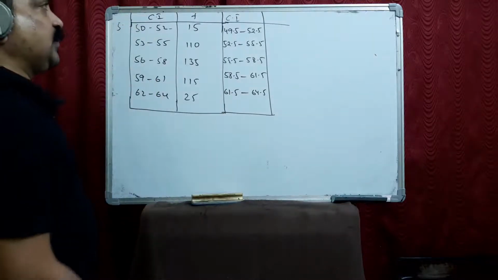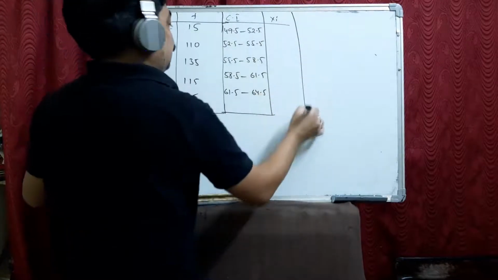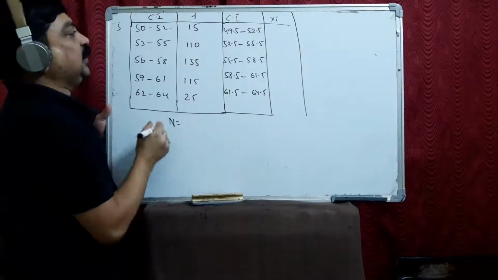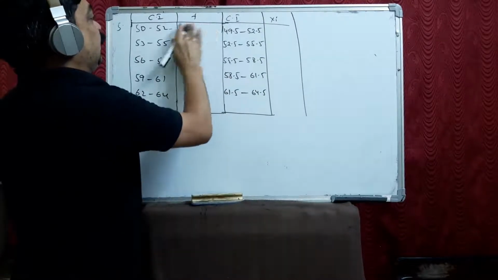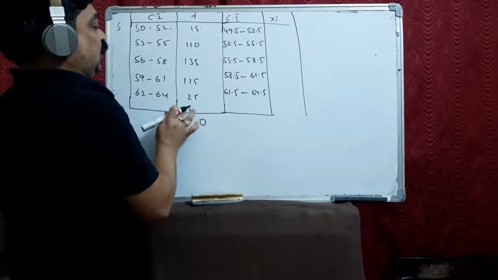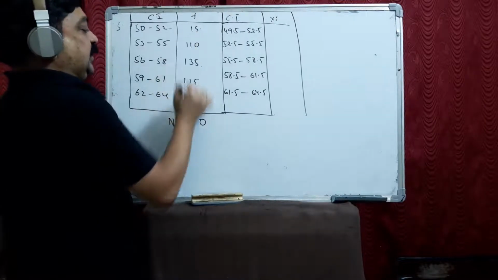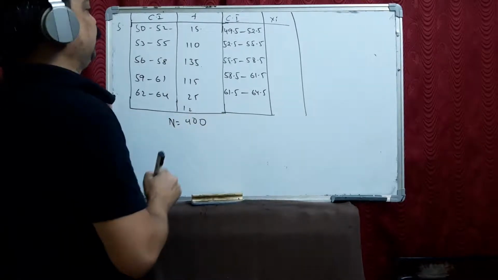And now we do the same process. Let us find xi first. Let us do capital N first. Let us add 2, 5, 15, 5, 10, 15, 20, 4, 5, 8, 10. It is 400.